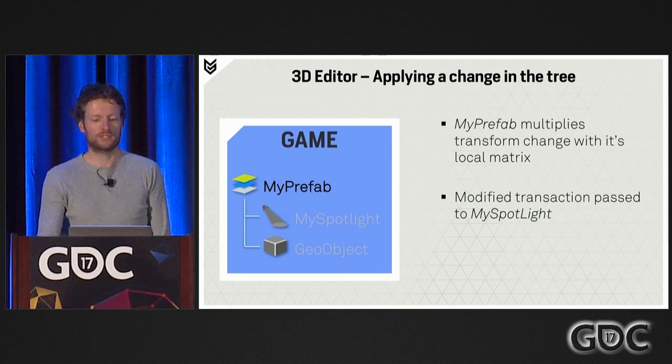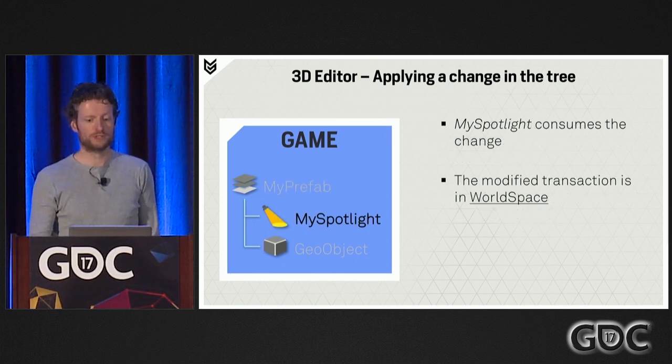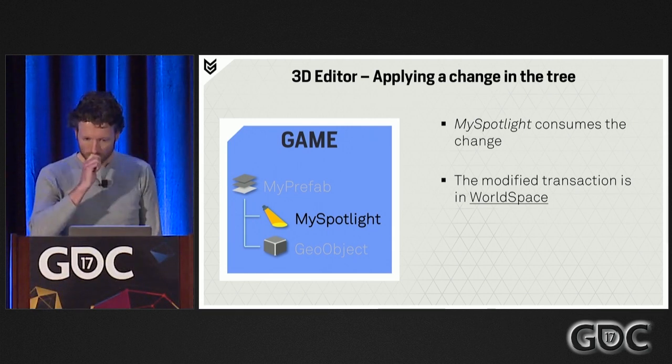Each node in the tree can act as an adapter for transactions flowing through it. To facilitate this, all transactions are applied at the root of the tree. In this case, when the local space change passes through the prefab, it appends its own local matrix to the transaction. The transaction is then passed to the next object, which is the spotlight.